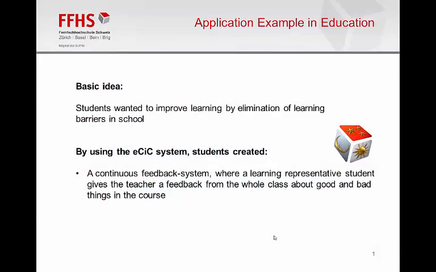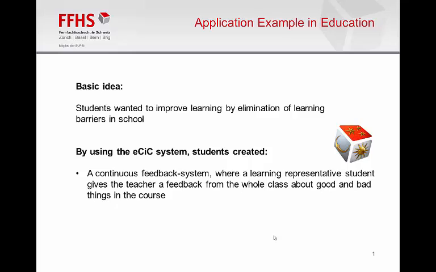I would like to give you now just one example on how students used this eCiC system. Once there were students, they wanted to improve learning by elimination of learning barriers in school, like they realized that the teacher is possibly too fast or the slides are not readable or something like that.